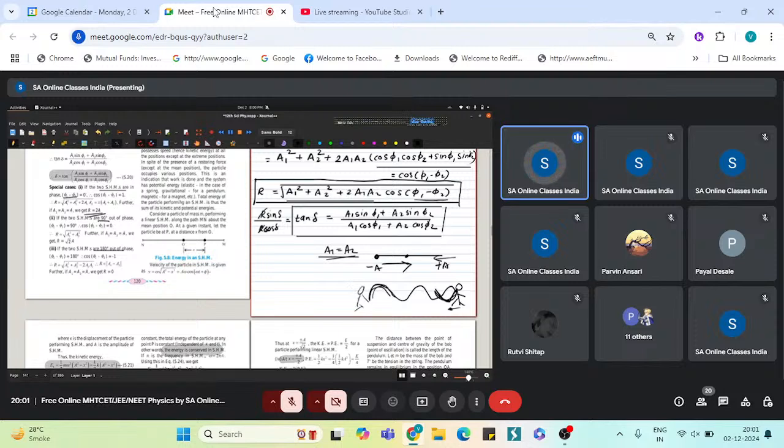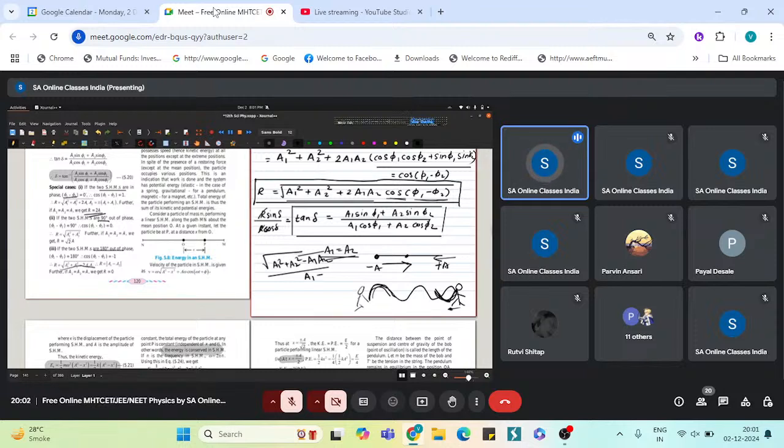But to look at this more mathematically, what we'll get here is cos of phi 1 minus phi 2, which is going to be cos 180 because they are 180 degrees out of phase. And this is just minus 1. So the thing that we are going to get is a1 square plus a2 square minus 2 a1 a2. This is the formula for a general case.